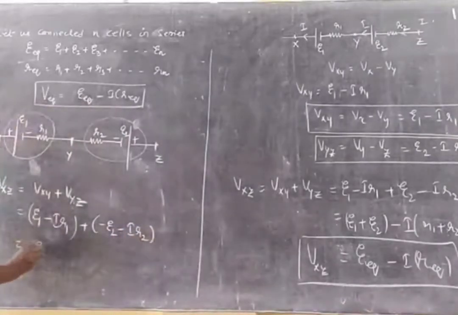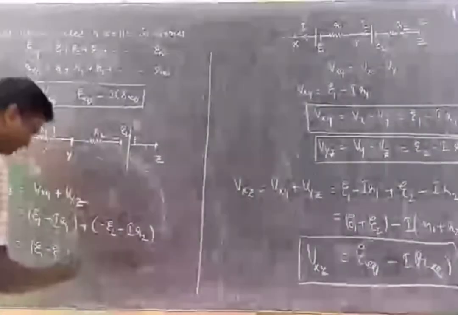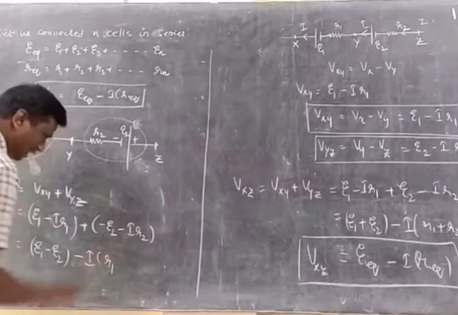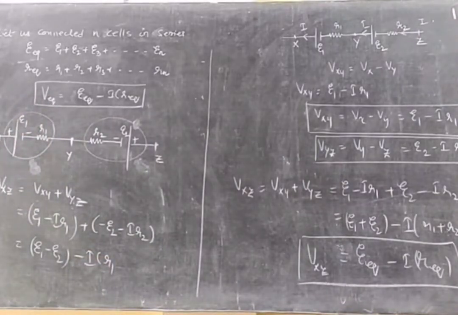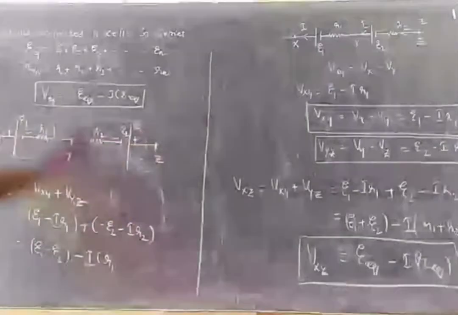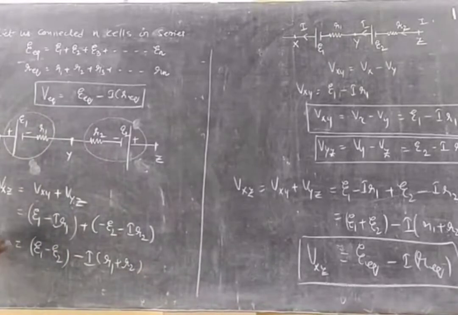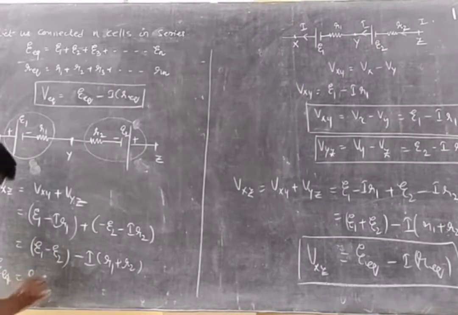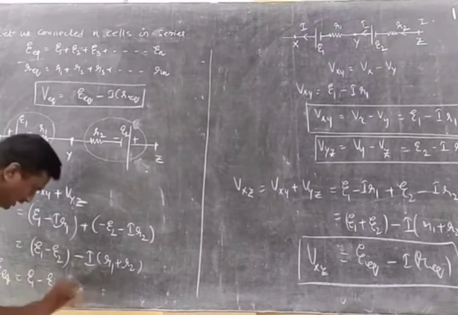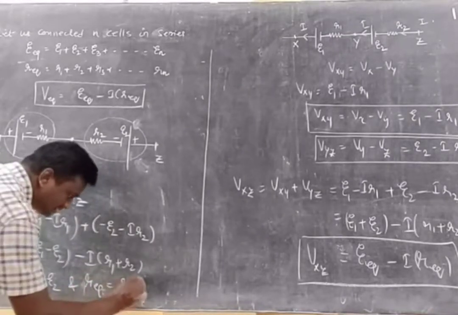Now rewriting this equation, E1 minus E2 minus I into R1 plus R2. Therefore, in this case, E equivalent is equal to E1 minus E2 and R equivalent is equal to R1 plus R2.